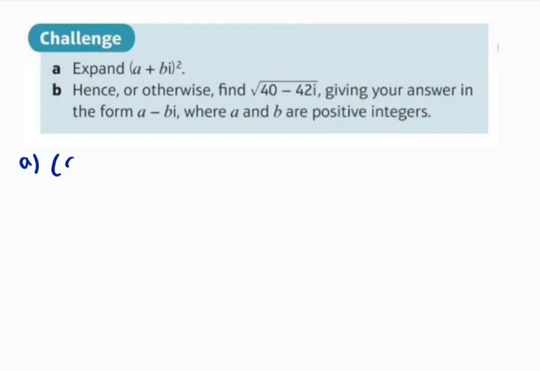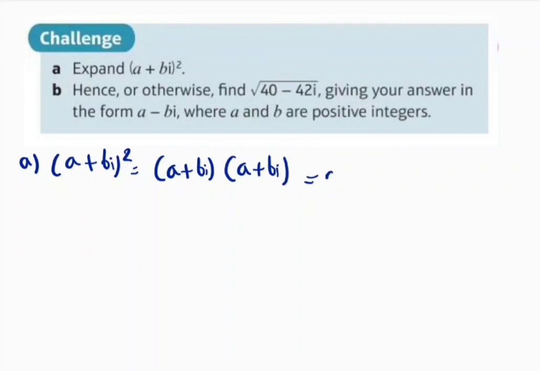In part A, we have (a plus bi) squared, which can be obtained by (a plus bi) times (a plus bi), and we just expand this bracket as usual.